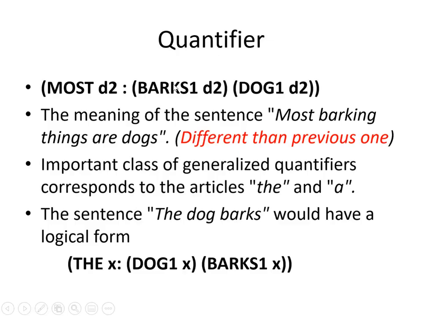First we are saying that barking things exist, which are dogs, and most of them. So most barking things are dogs. That's why we have to generalize this type of thing with quantifiers.